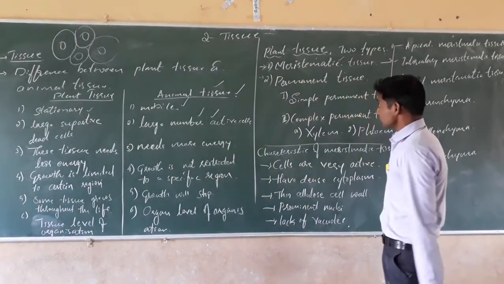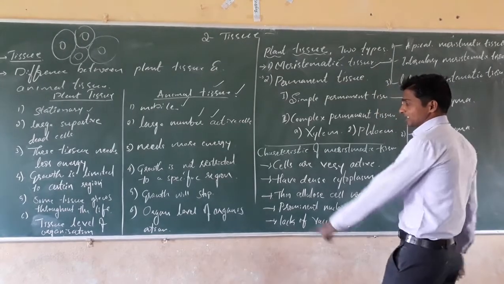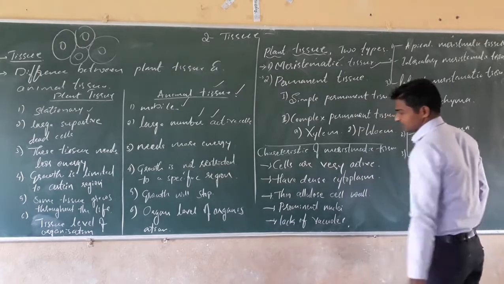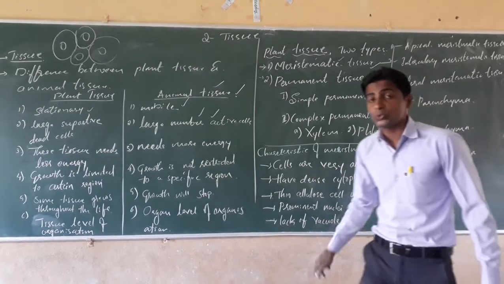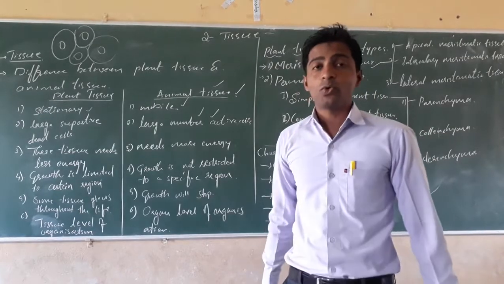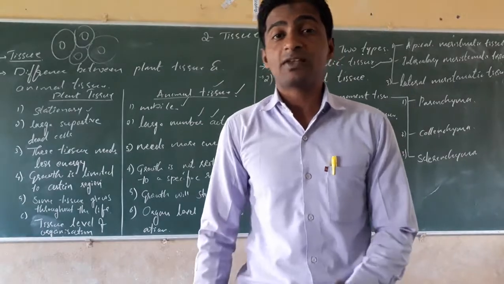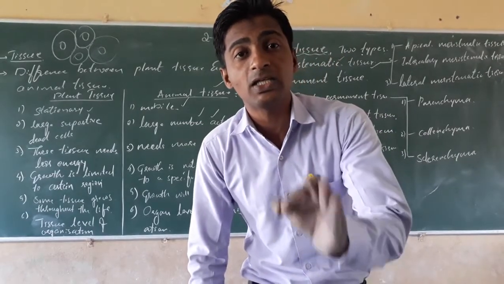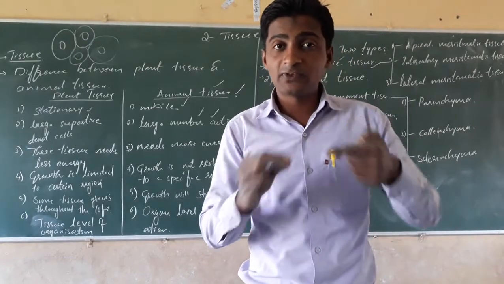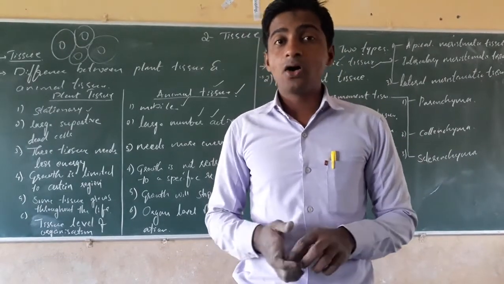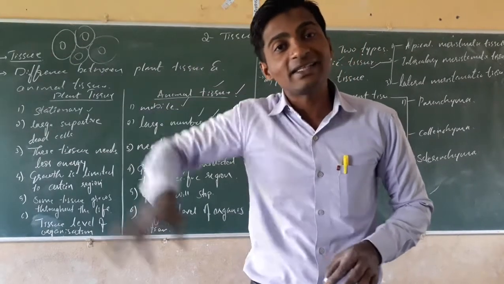See, I will tell you the characteristics of the meristematic tissue. The cells are very active. One point I want to tell you is that meristematic tissue is present only in a newly growing region. You might have seen the root tips in the onion, or the aerial roots of the banana tree.